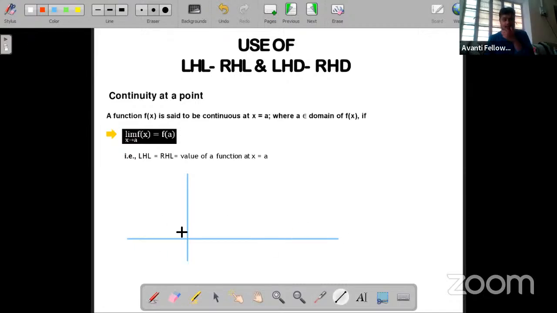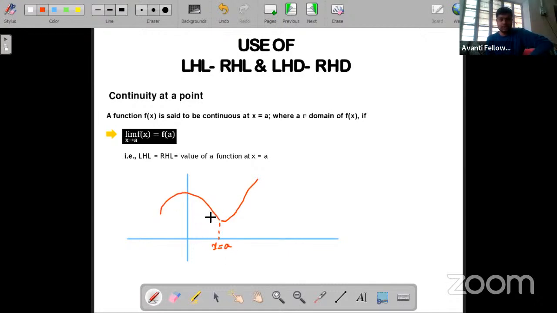So let's say the function is something like this. Okay, so let's say we are talking for x is equals to a. Some point is there, a point.